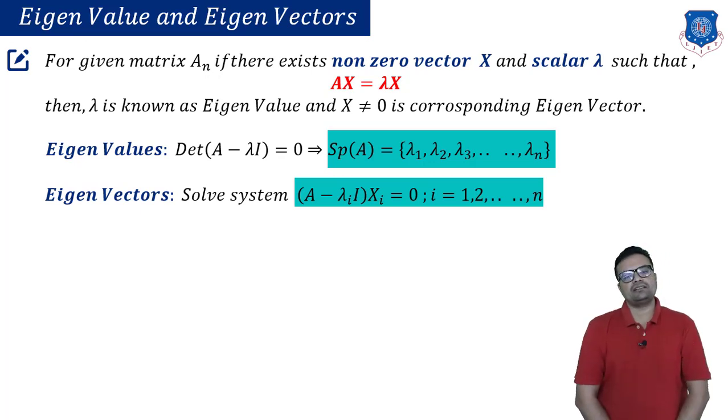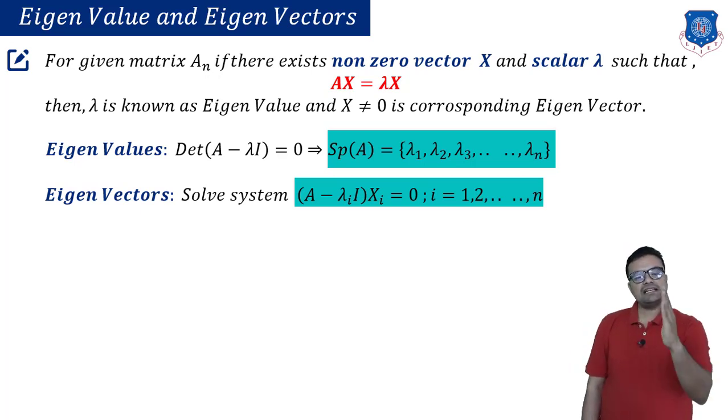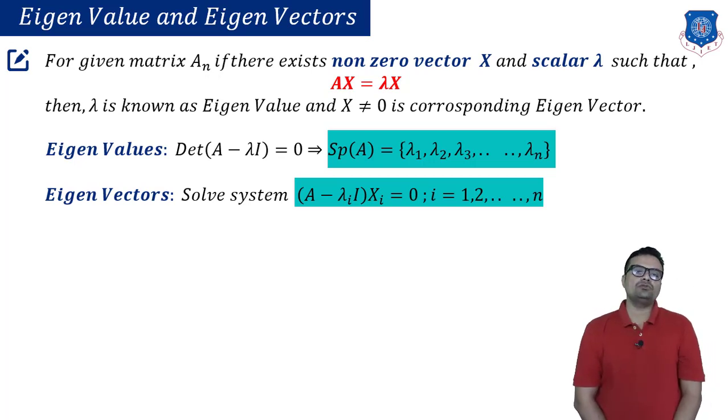How to find eigenvectors? Select one eigenvalue, suppose lambda 1. Solve the system (A minus lambda 1 I) x equals 0 and find the value of x. It will give you the direction in which the scaling factor is working. Go for another eigenvalue lambda 2, again solve the new system, and you find x2.